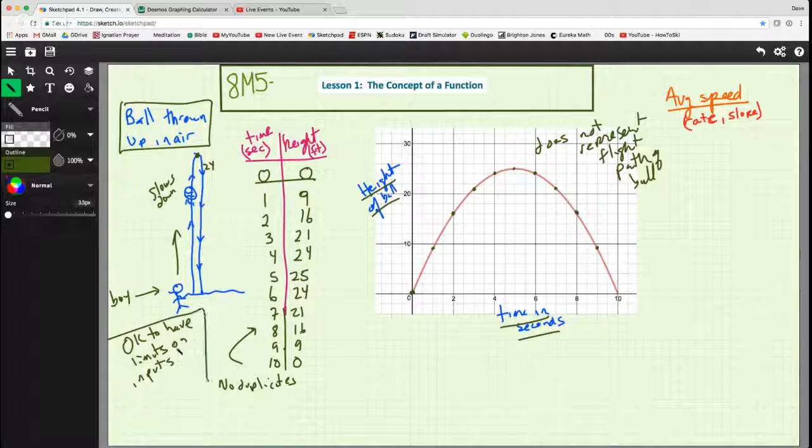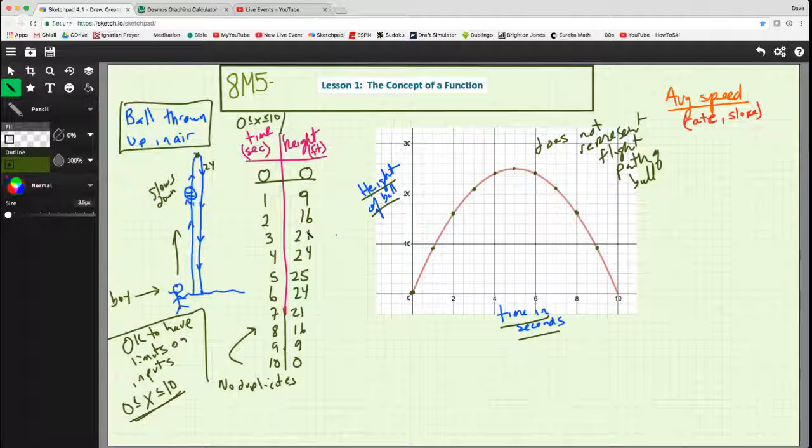And here my inputs are limited: x is greater than or equal to 0 and less than or equal to 10. So my x is between 0 and 10. And that's okay. But if that's my limit, then for any x between 0 and 10 that I put in, I should be able to get out an output.